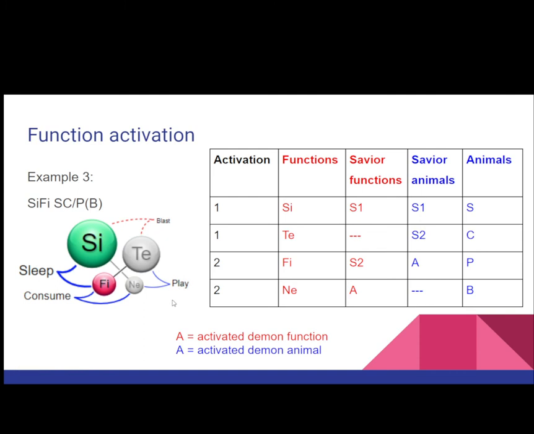That's the third animal. When you look at the function activations, this is really interesting, because the bottom two functions in the stack, Fi and Ne, are both doubly activated, while the top two functions are singly activated. So chances are this person is not going to look very much like a typical ISTJ. They're really going to look upside down.